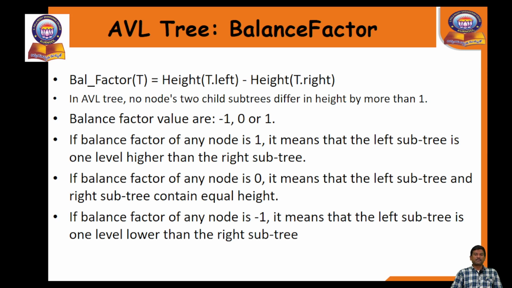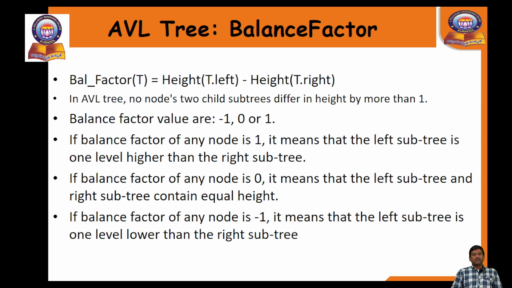So when I say the balance factor of any node is equal to 1, it indicates the left subtree is one level higher than the right subtree. In the same fashion, what is actually the balance factor? The balance factor is equal to the height of the left subtree minus the height of the right subtree. What this indicates will be provided with an example in the continuation part.